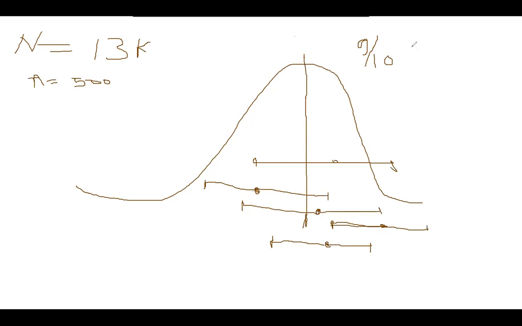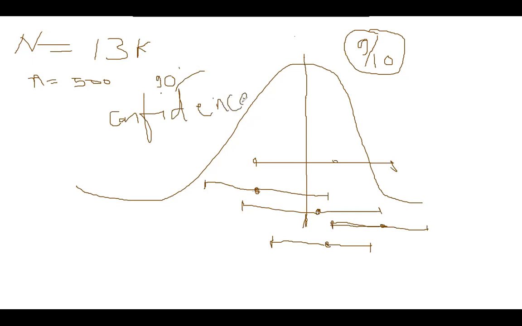When I see 9 out of 10, this says 90% confidence. This is the meaning of 90% confidence. I will say this statement in this way: I'm 90% confident that the sample will represent the population mean.